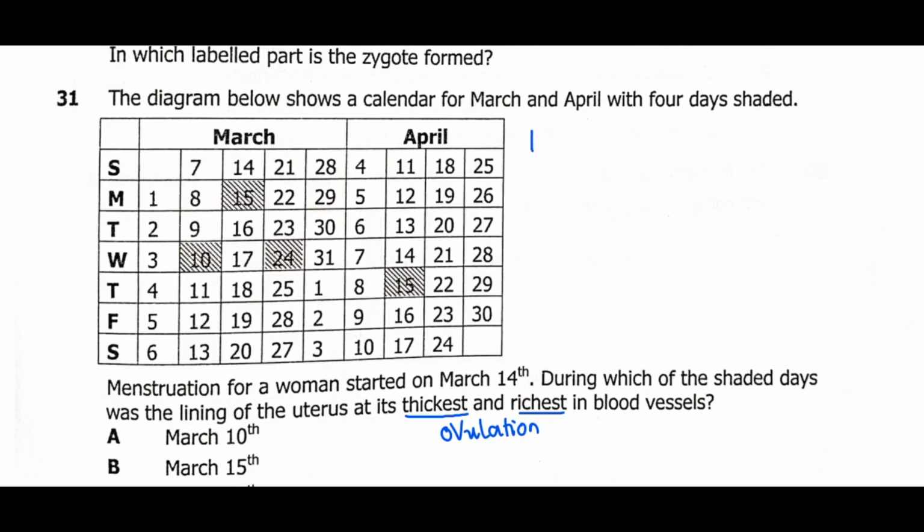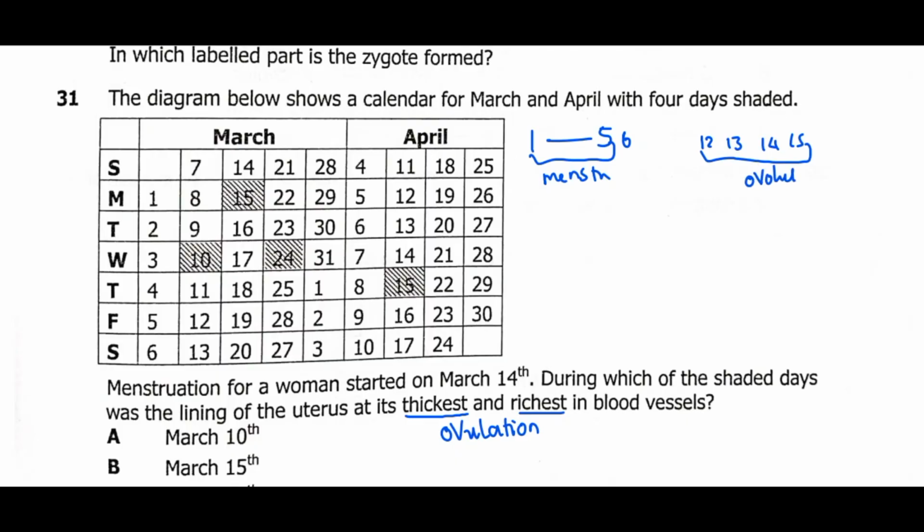On average, from day 1 to day 5 we have menstruation, then day 6 up to about 12. Days 12, 13, 14, 15 may be considered as the ovulation.